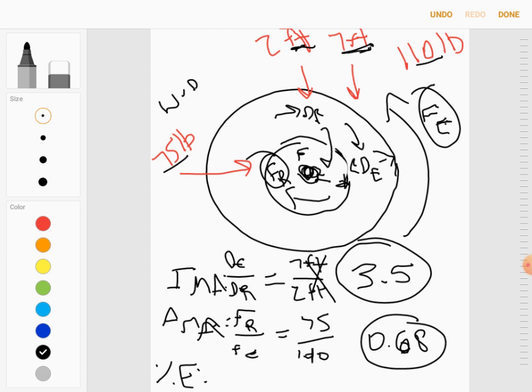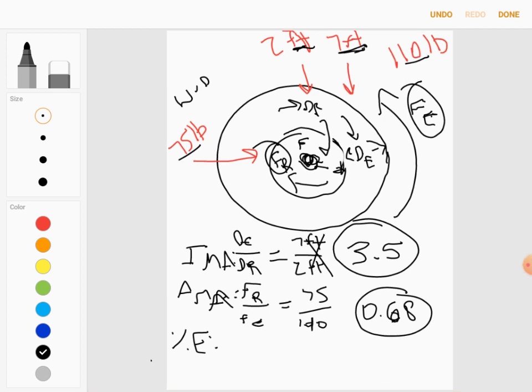So now the percent efficiency, let's see what that is. Remember the formula for that. Sorry about that, I had to write it down so that you wouldn't have to wait. But anyway, it's AMA over IMA times 100.